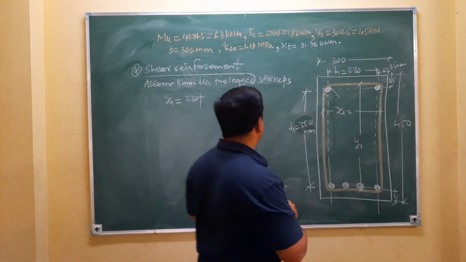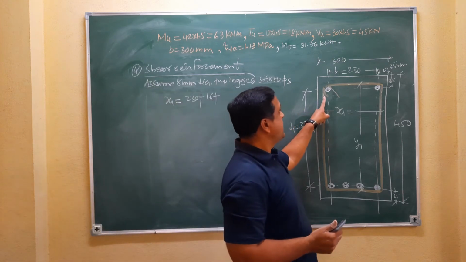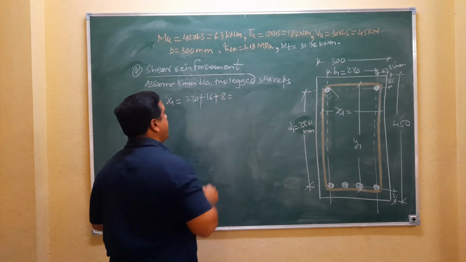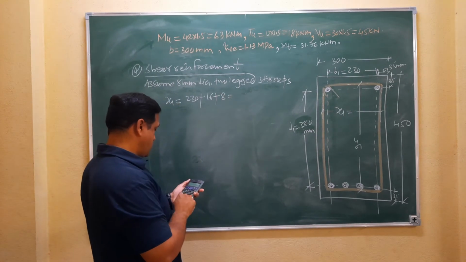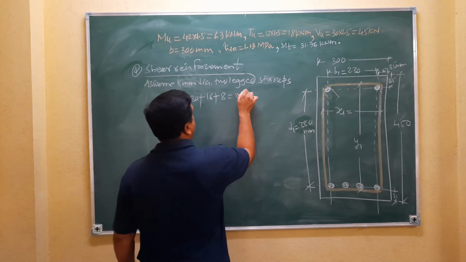Half diameter of this bar is 16, and half diameter of the legs is 8. That means it is 230 plus 16 plus 8, it is 254.